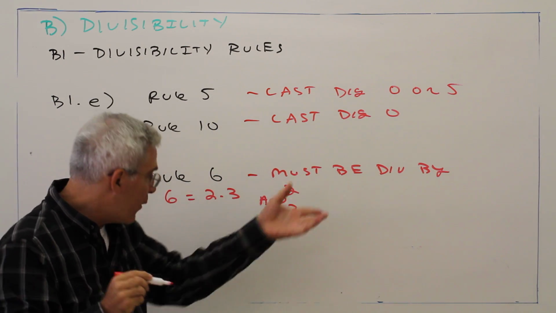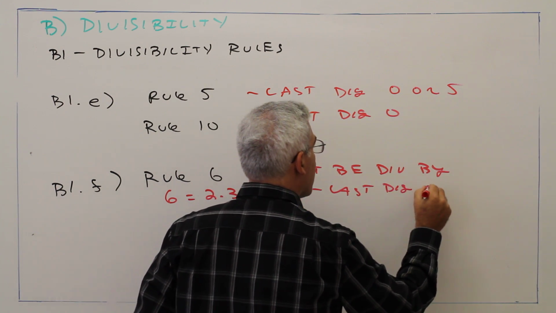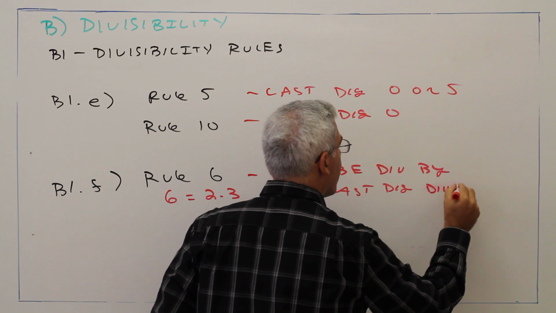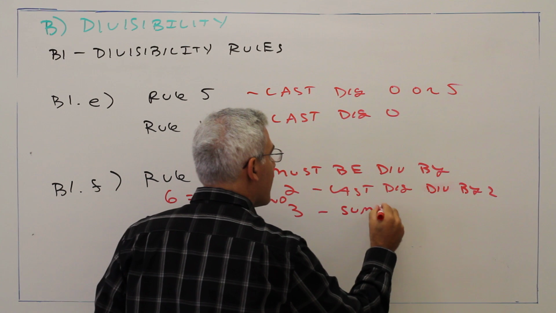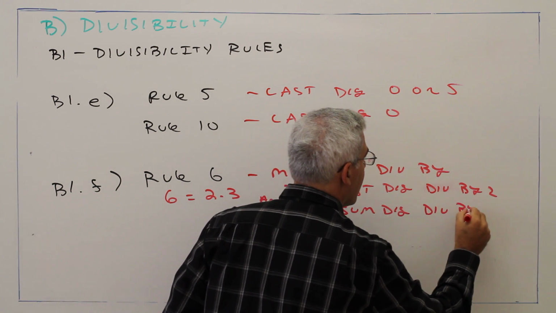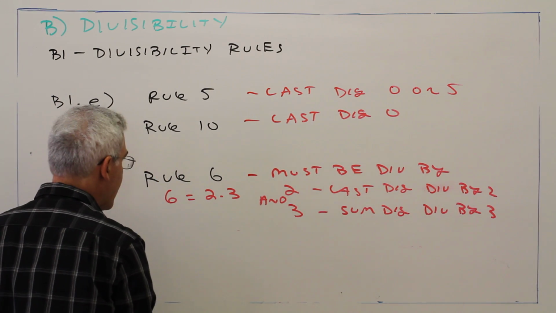So then I would say for 2, the last digit divisible by 2. For 3, sum of digits divisible by 3.